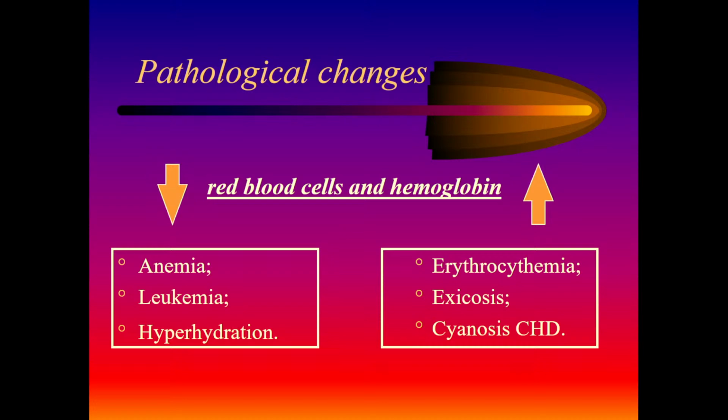And if red blood cells and hemoglobin increase, the situation is erythrocytosis, seen in cyanotic heart disease and chronic heart diseases.